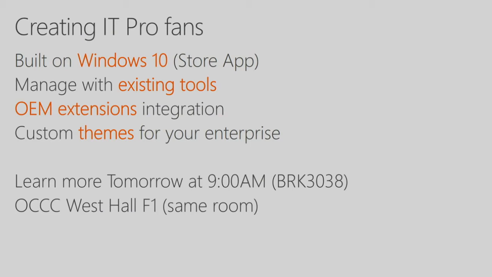Everything I showed you is really an end user feature, what people get when they walk in the room. But it's also important, as somebody deploying, managing and buying these devices, to know what you're going to get. And that's a PC that's built on Windows Embedded or IoT, and a store app. The whole Skype for Business and Teams experience is delivered as a store app. It's updated through the store.